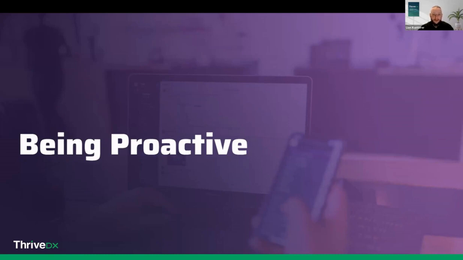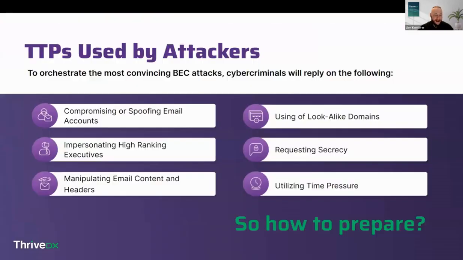So let's get to the more interesting-ish part. Just before I pass the stage to Jason and he goes into further explanation, just to sum up a few key points that we've discussed that will give the context to how to be proactive.